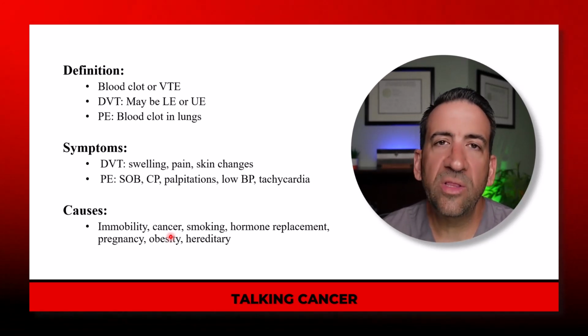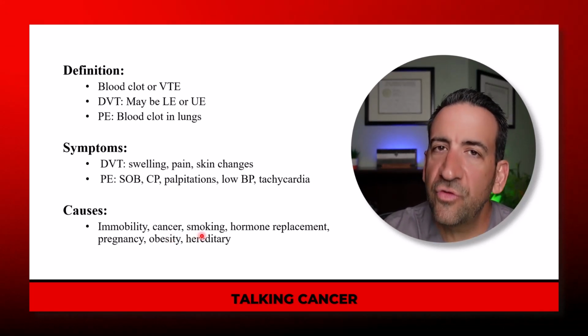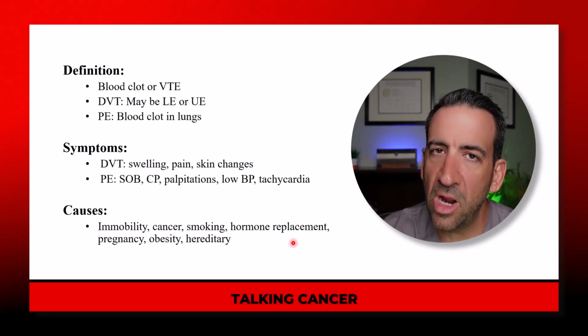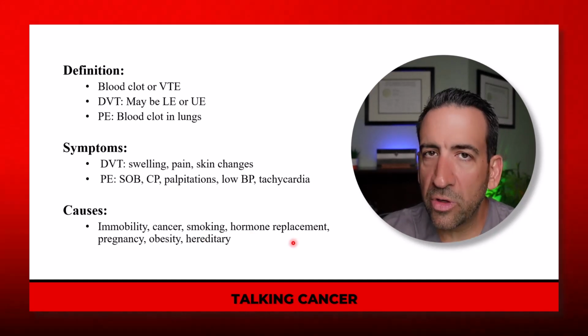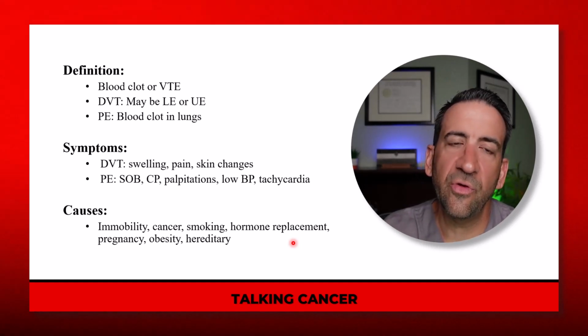Smoking, obviously. What doesn't smoking cause? Hormone replacement therapy, so estrogen or testosterone, can increase your risk of blood clots. Now, if you're a smoker and you're taking these medications, obviously that can increase your risk.